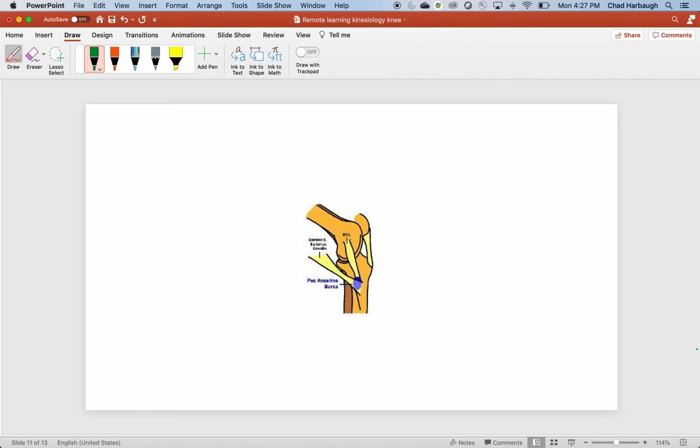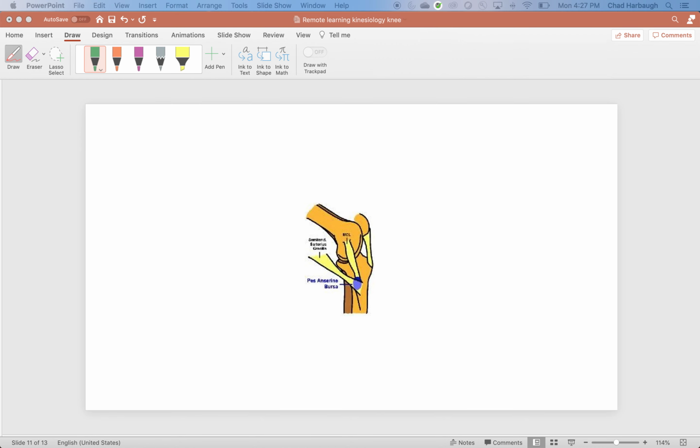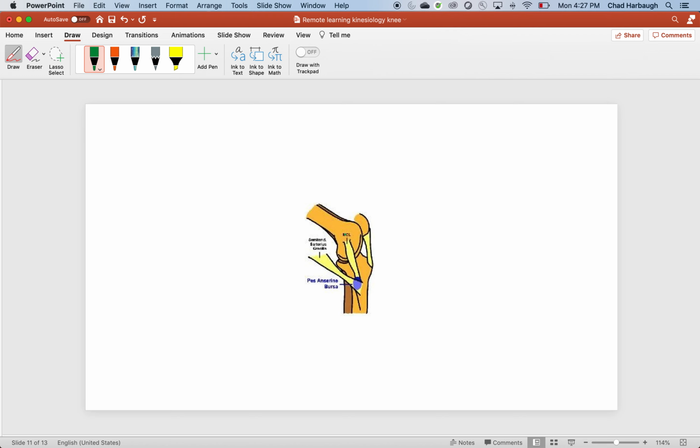And finally, when we're looking at the pes anserinus, this can be misdiagnosed, often as an MCL injury, and usually it's an irritation not directly in the middle of the femur and the tibia where we see the MCL cross, but slightly lower.